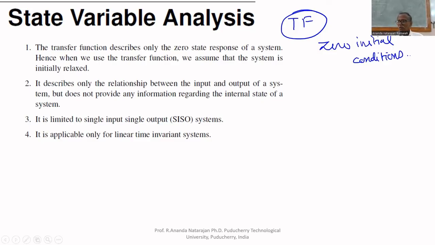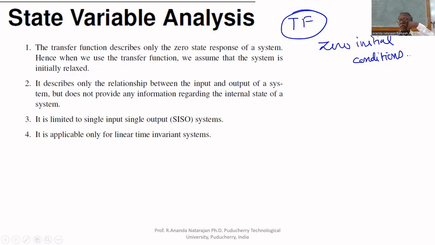The velocity is zero, the acceleration is zero initially. If it is an electrical system, there is no voltage and no current initially. In the capacitor no voltage, in the inductor no current. That is, initial conditions are zero, like that we are assuming when finding the transfer function.